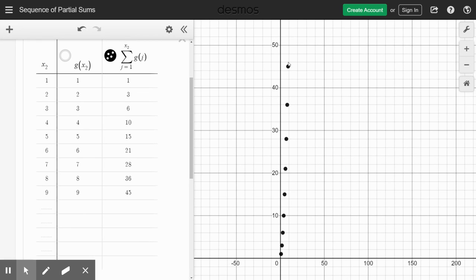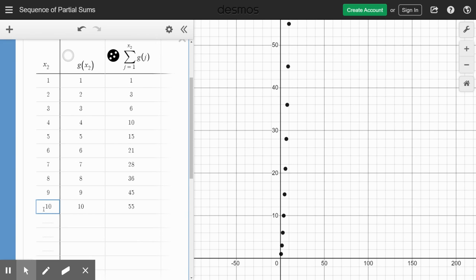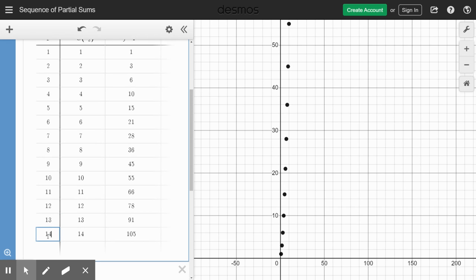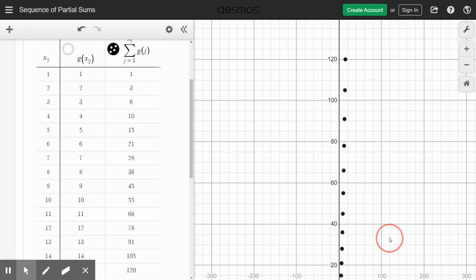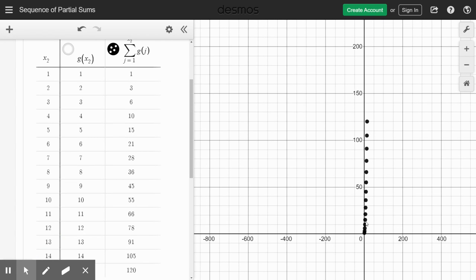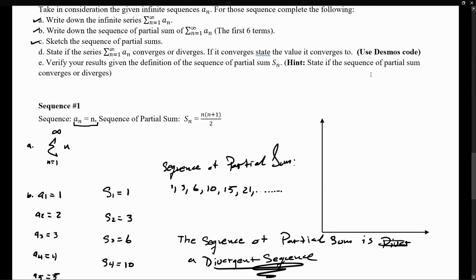It doesn't seem to be approaching a specific value. And if we plug in more values here, notice that the column of the partial sums is just going to be increasing without a bound. Notice, the 14th partial sum is 105. The 15th partial sum is 120. If we were to plot it, you can start seeing that it's going to continue to increase without a bound. Therefore, the sequence of the partial sums is a divergent sequence.